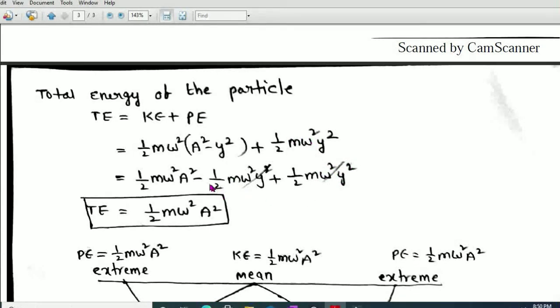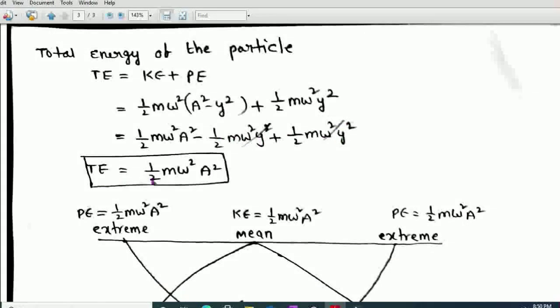Now this is minus half m omega square y square, and this is plus half m omega square y square. These two get cancelled. After these terms get cancelled, we are left with the total energy, half m omega square A square. The total energy is equal to the maximum kinetic energy, which is equal to the maximum potential energy.